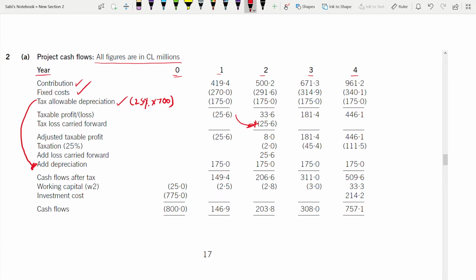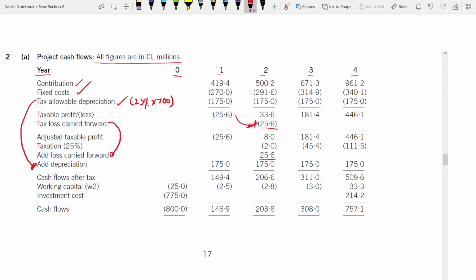You have to add the loss carried forward. Where is the loss carried forward? This 25.6 needs to be added here. Even the loss carried forward is not a cash item, it is a non-cash item. It needs to be added back. Whatever is a non-cash item, because you're starting from taxable profit, why are you adding it back? Please understand. Your purpose is, from taxable profit, you're moving towards cash. You need cash flow, not profit.